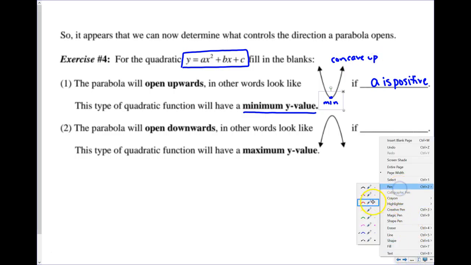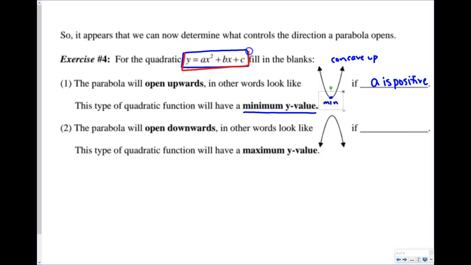Okay? Let me make this a different color here so we're not confused. And for the opposite, the parabola will open downwards, in other words look like this. This is concave down if a is negative. It will have a maximum y value. So here's your maximum.